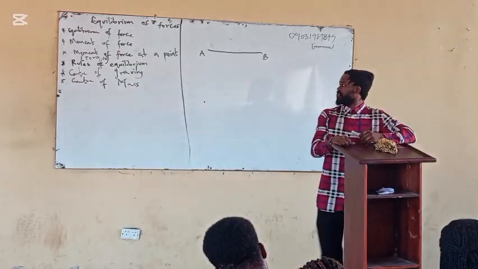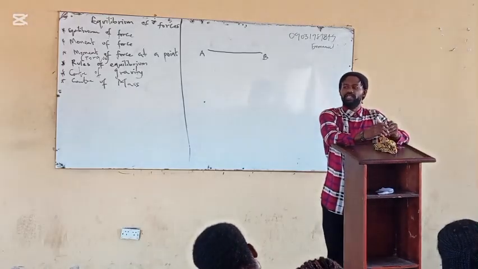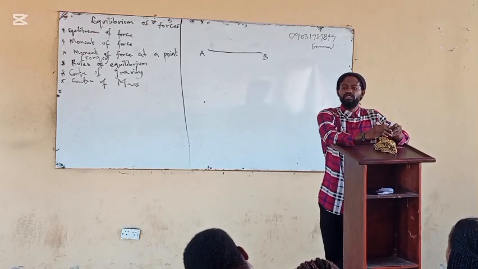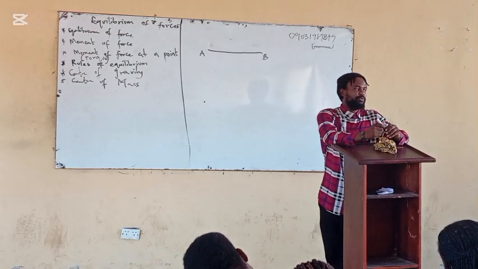Let's quickly move to moment. I want us to talk about all these things, then we'll now start to put it into practical use. So equilibrium of force can also be said to be a state where the total force acting on the left hand side is equal to the total force acting on the right hand side.